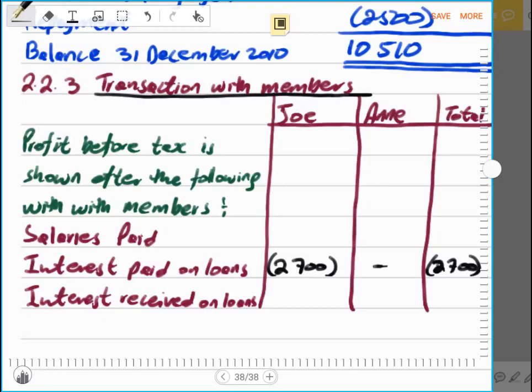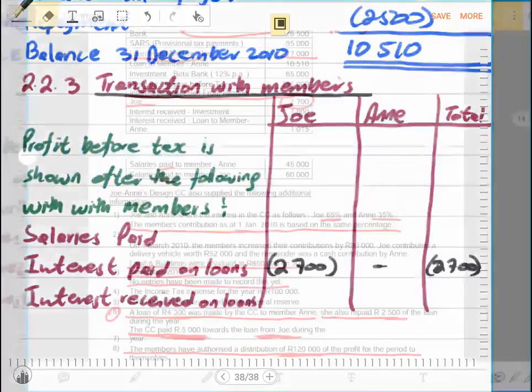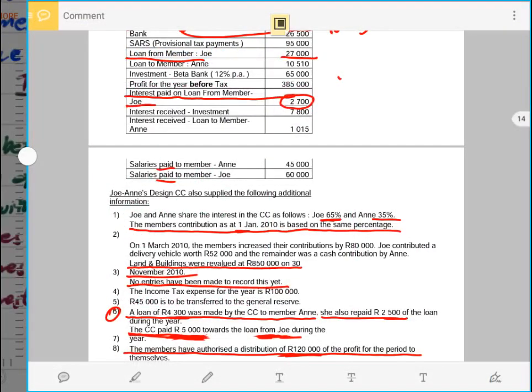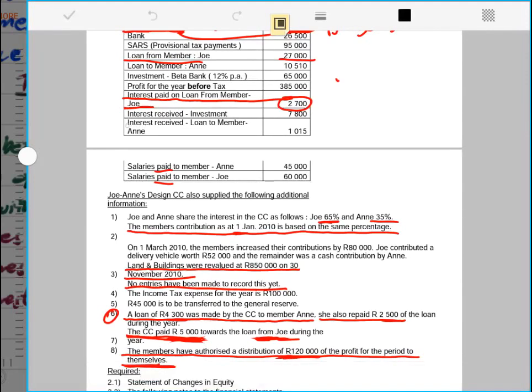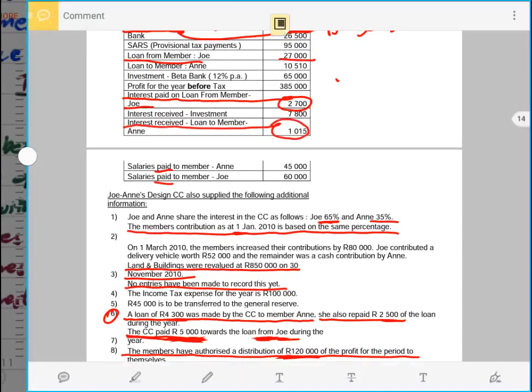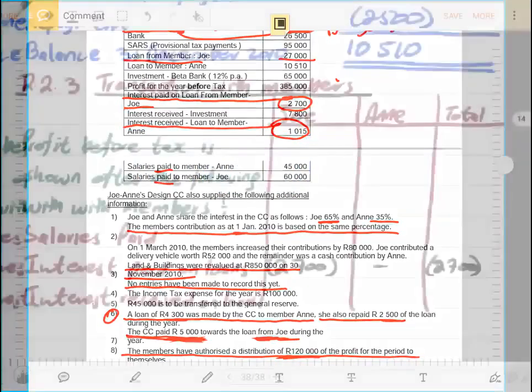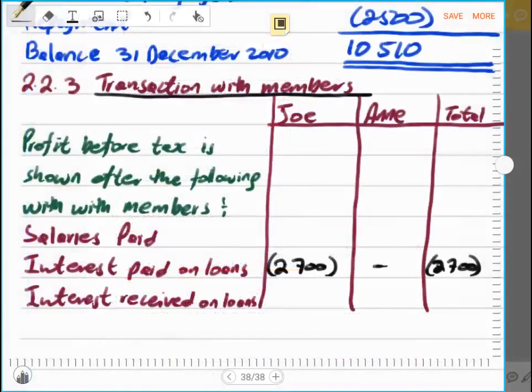Then after, we go again and check which other entry affected the members and the close corporation. The next one is the interest that was received on a loan to a member. Interest received, 1,015 rand. So that will be recorded as inflow of cash, which means without brackets. That will be interest received from a member, 1,015 rands.